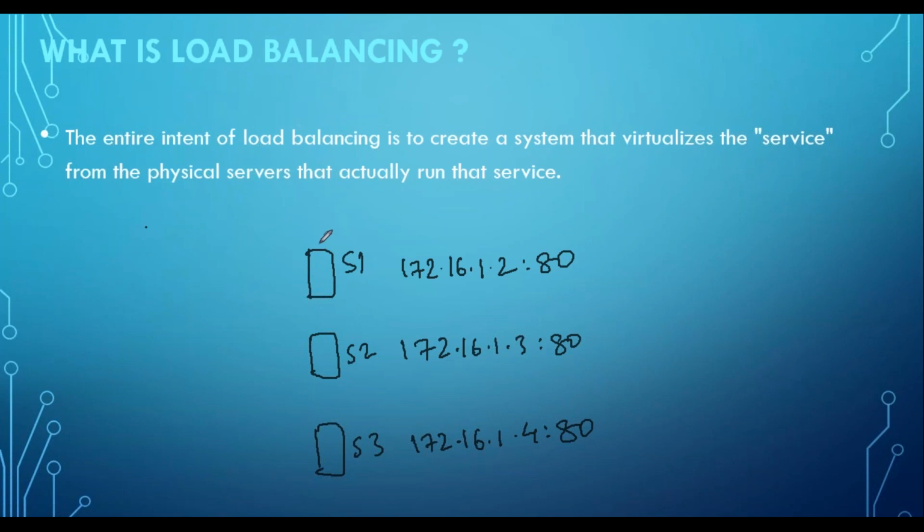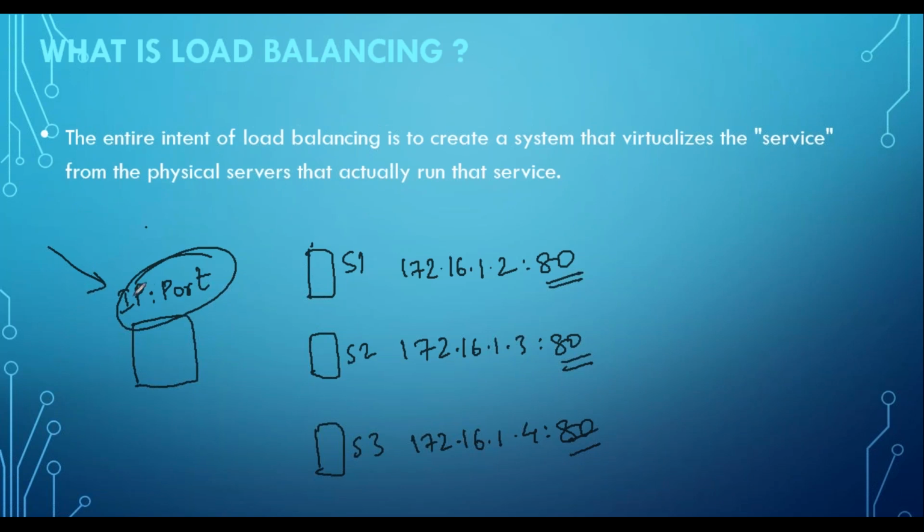So what I'm trying to do is, even though the services are hosted on all these three servers for port 80, instead of exposing all these three IP addresses to the outside world, I'm trying to create one IP address and one port, and this will be acting as the front end to the end users.